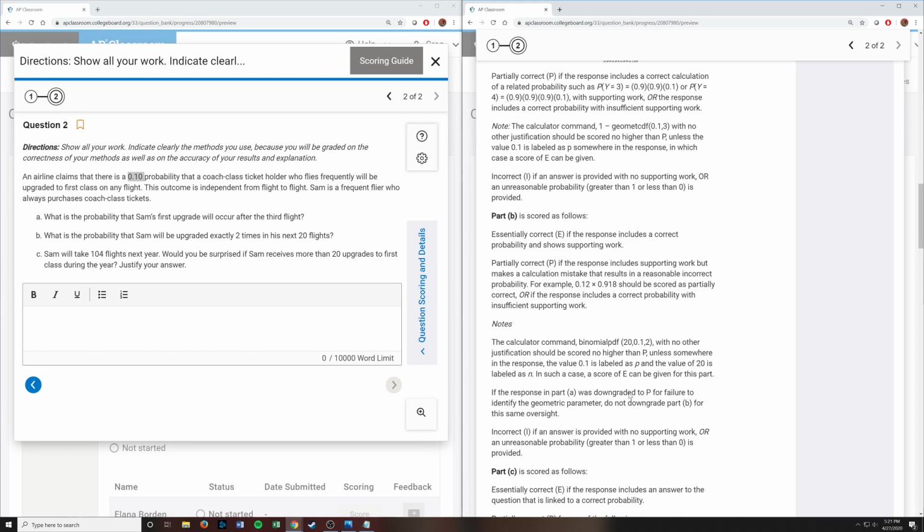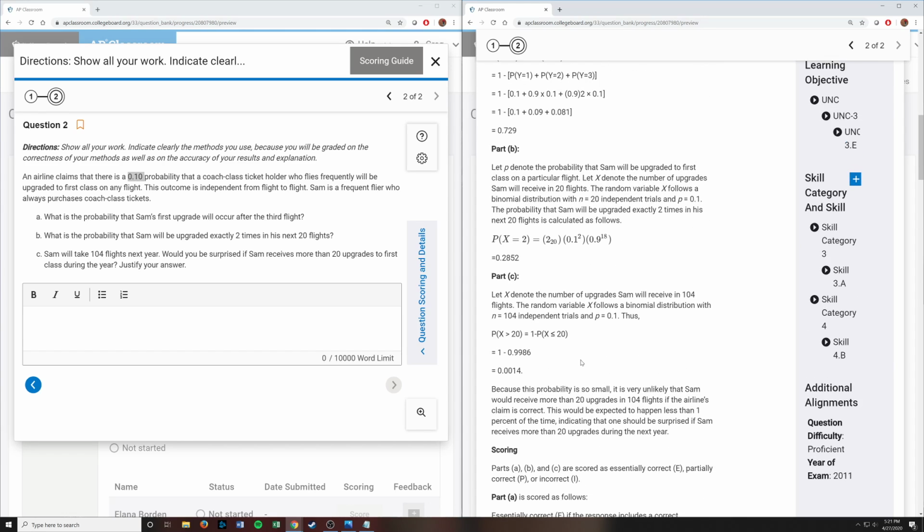If the response in part A was downgraded to P for failure, do I just... Okay, so you can only be dinged once for not identifying the parameters by doing this. And it's incorrect if you don't show any work or if you give something that is totally unreasonable. Like, if you type in something into your calculator and it gives you something greater than 1 or less than 0, don't even write that down. You should know at the very least that is not reasonable.